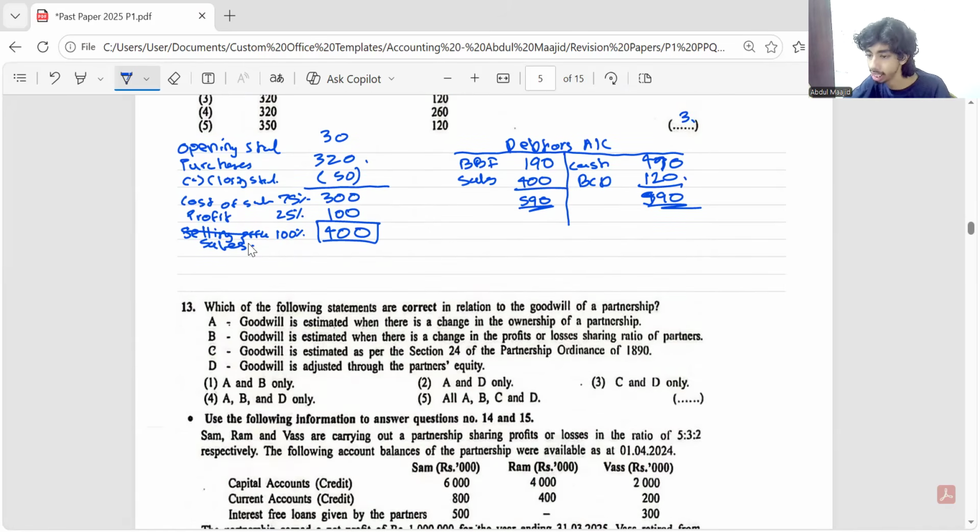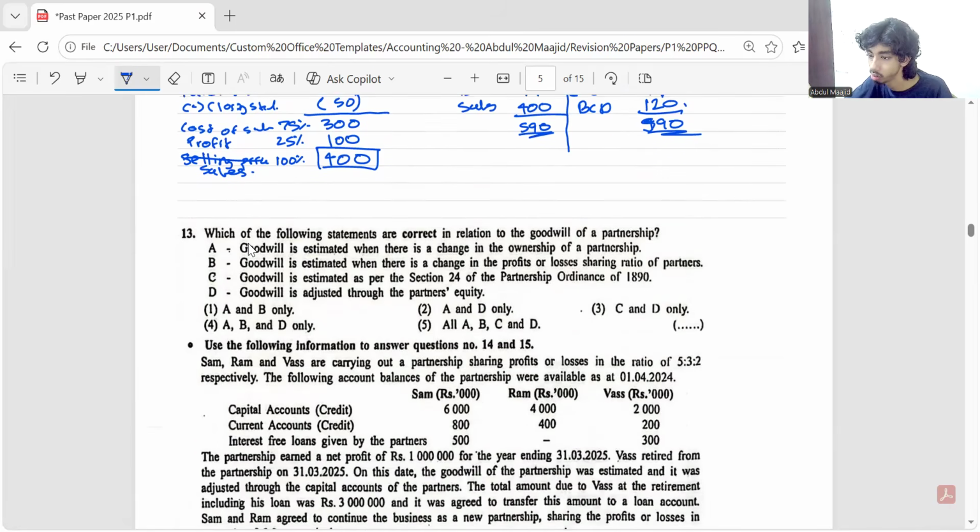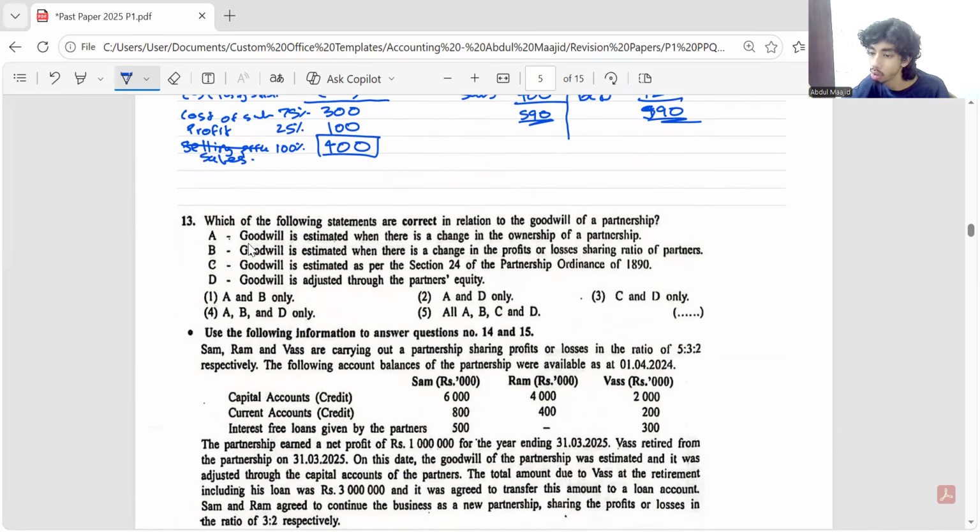Which of the following statements are correct in relation to goodwill of a partnership? Goodwill is estimated when there is a change in ownership of the partnership. Yes, we estimate goodwill when there is a change in ownership. Change in ownership means admission of a partner or retirement of a partner. Also, when there is a change in the profit sharing ratio. Yes, second one: goodwill is estimated when there is a change in the profit or loss sharing ratio of the partners.